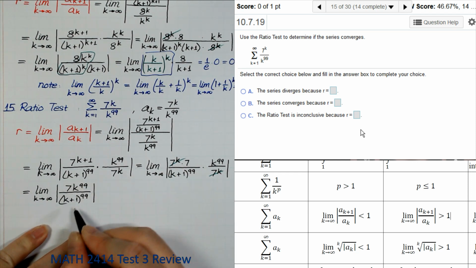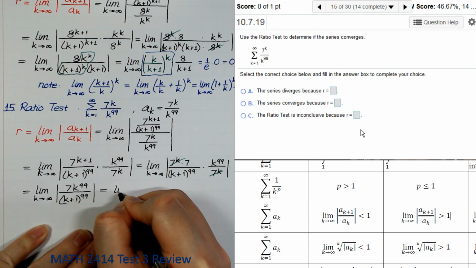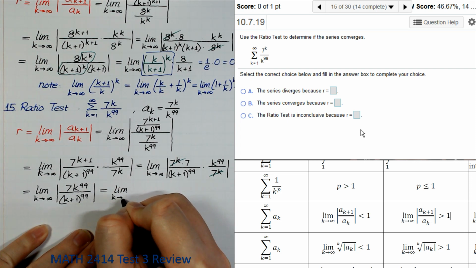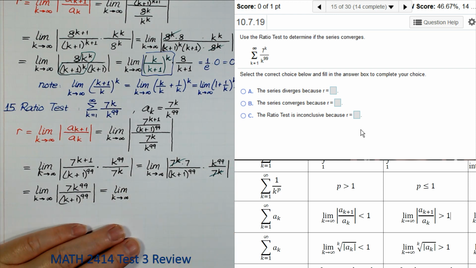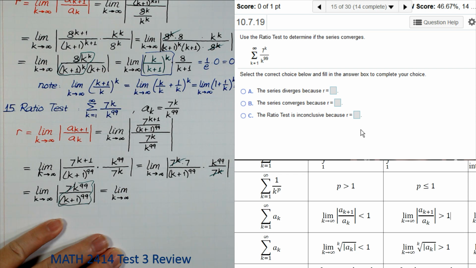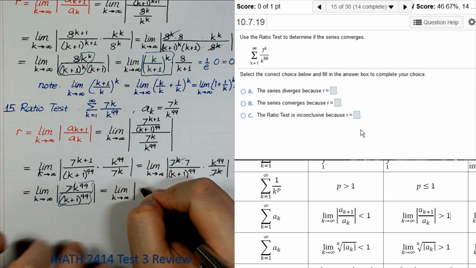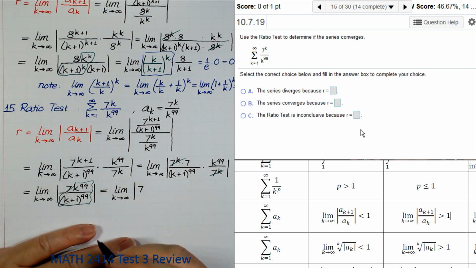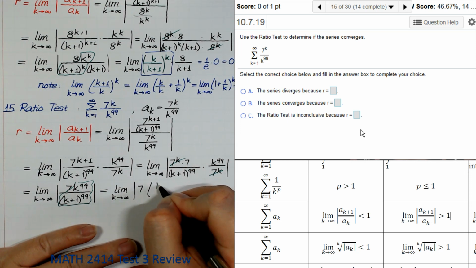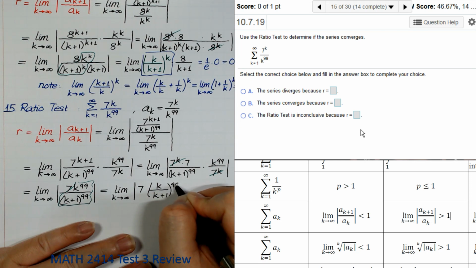By the way, both of them have the 99 power, so I move both of them inside the power of 99. They're all positive, so we really don't need absolute values, but I just put k plus 1 to the 99 power.